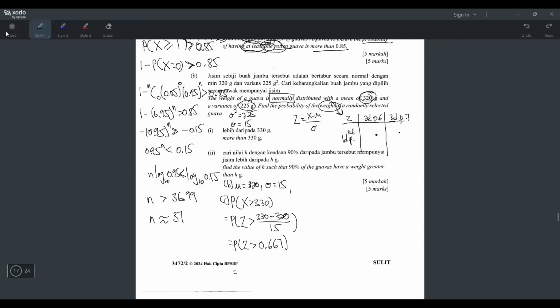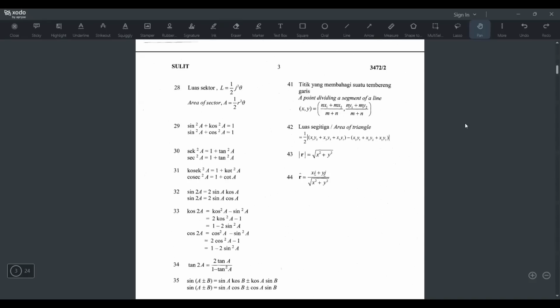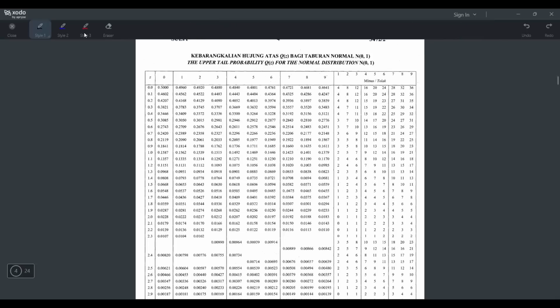So let me scroll to the Z value table. Okay, so this is the one. So 0.667. So now you understand why I said to write 3 decimal places, because if you look up from the outside, from the Z value, it can only read up to 3 decimal places. Okay, and then 7, where is it? Here, right?